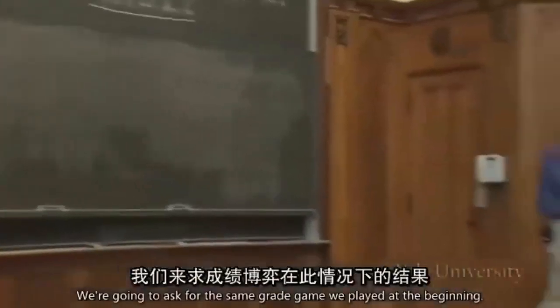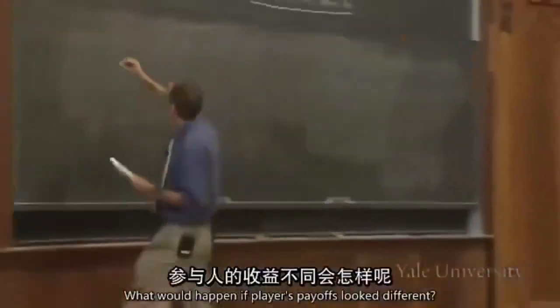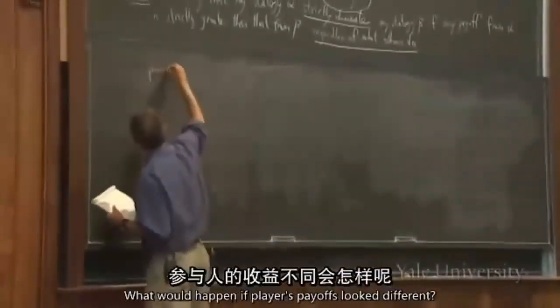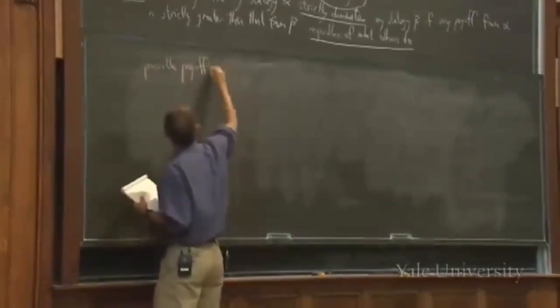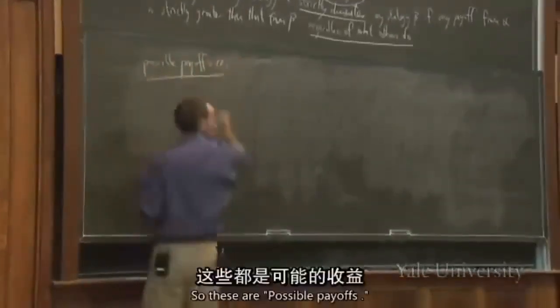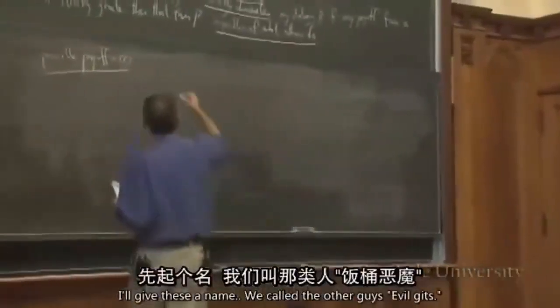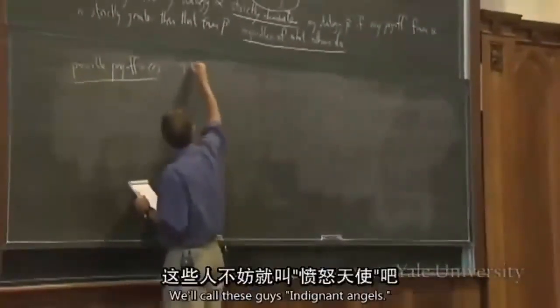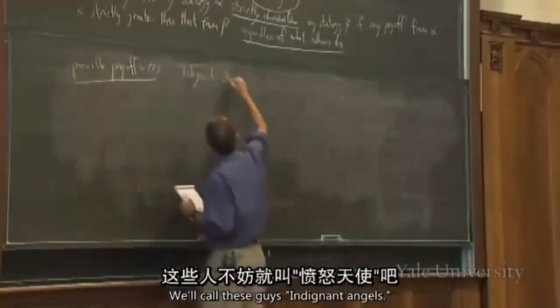And we're going to ask, for the same grade game we played at the beginning, what would happen if players' payoffs look different? So these are possible payoffs too. All right? And I'll give these a name. We called the other guys evil gits. So we'll call these guys indignant angels.